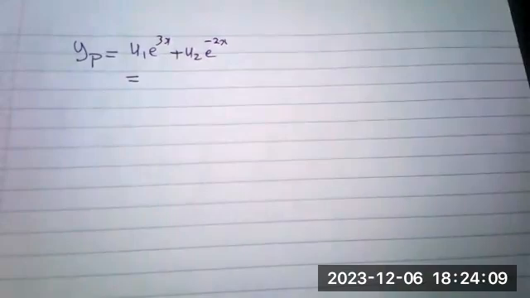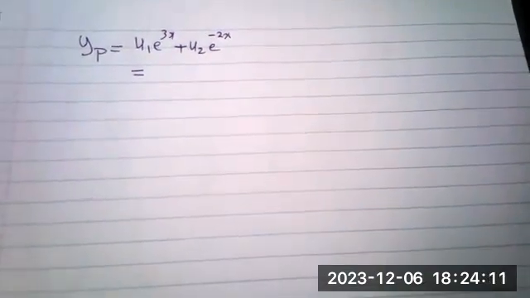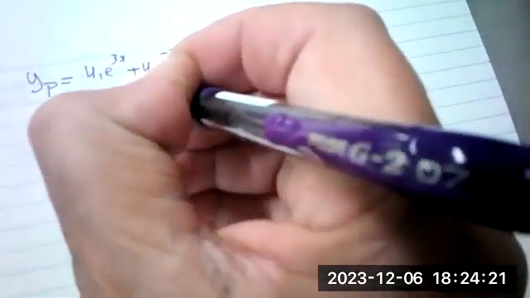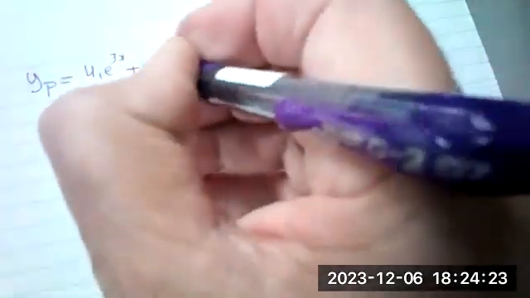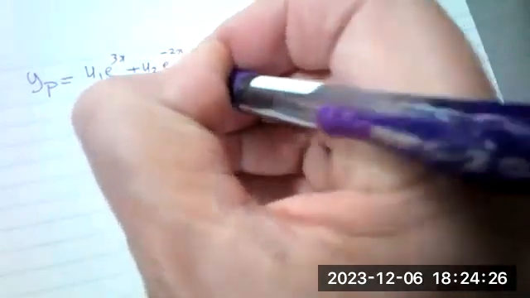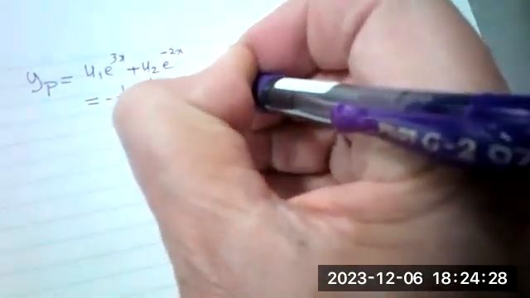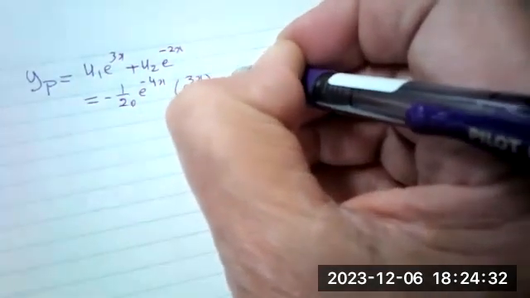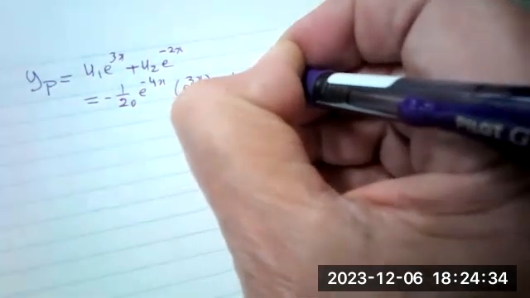So this is going to be equal to, we go with the u1. What was the u1? Negative 1 over 20, yeah? Negative 1 over 20 e to the negative 4x, times e to the 3x, plus u2. What is u2? Negative e to the x over 5.